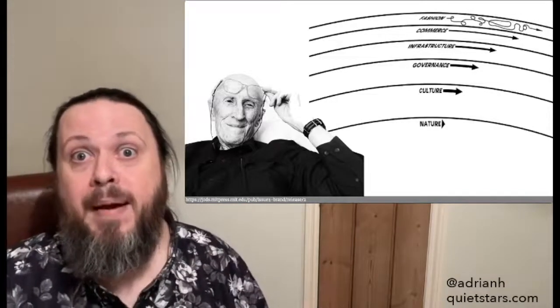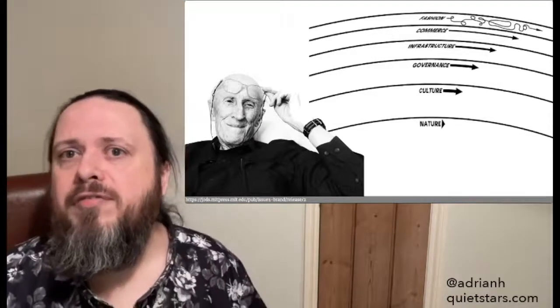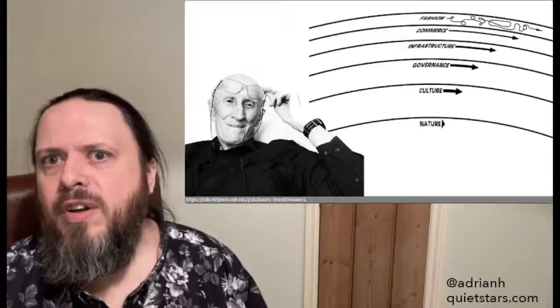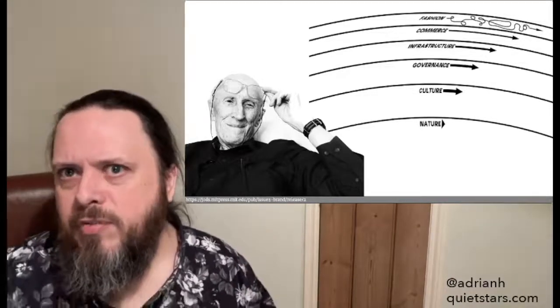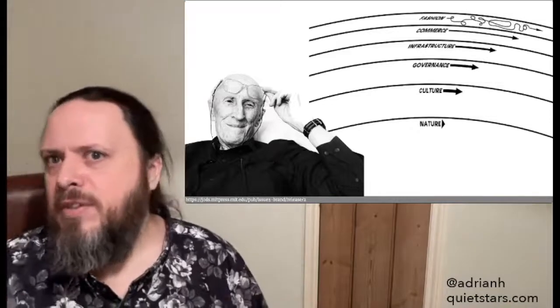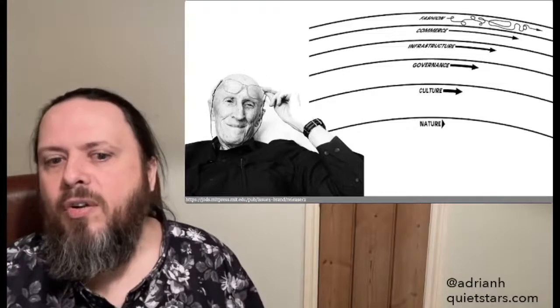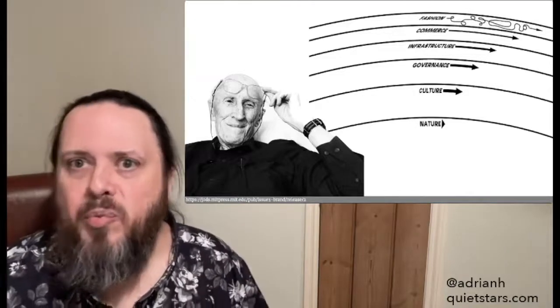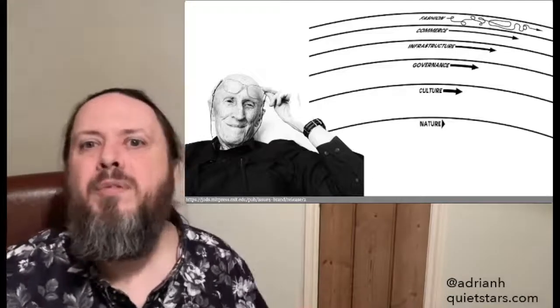Brand later talked about pace layers in the context of civilizations, like fast-paced fashion, which relied on slower-paced commerce, which relied on even slower-paced infrastructure changes, and so on, until you got right down to the natural world, the ground and earth and trees and so on.